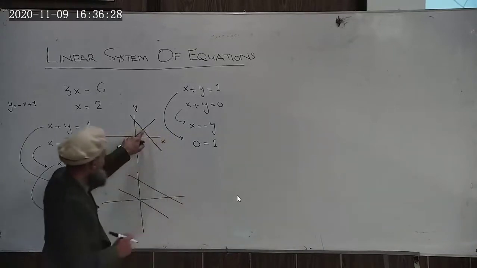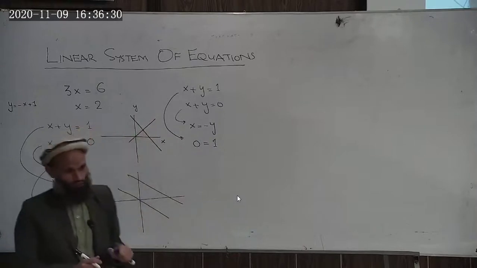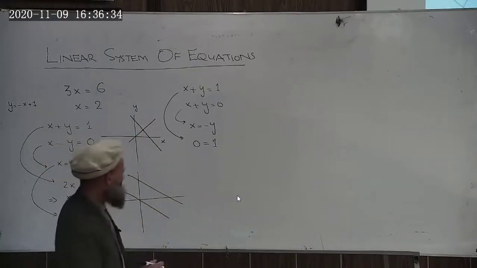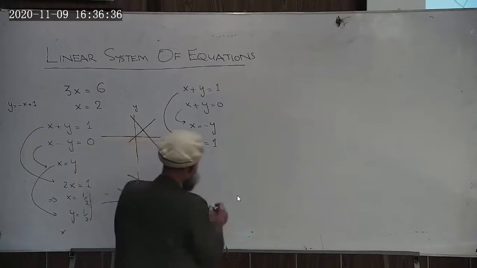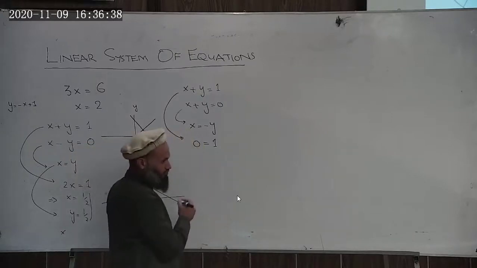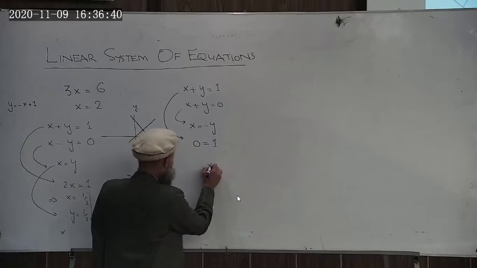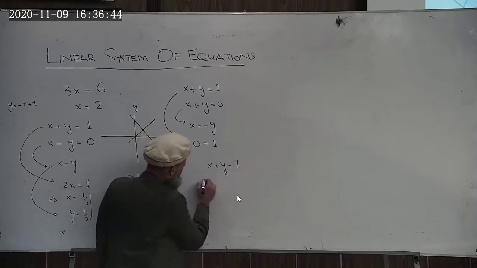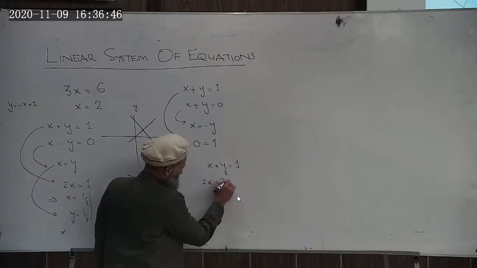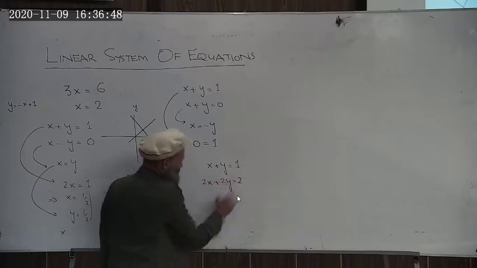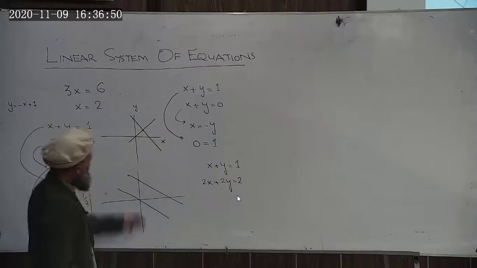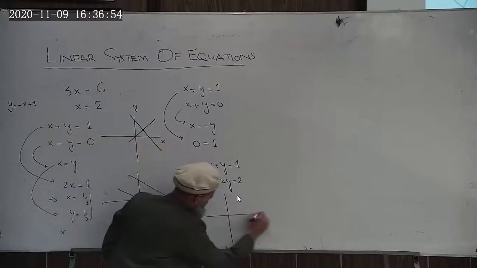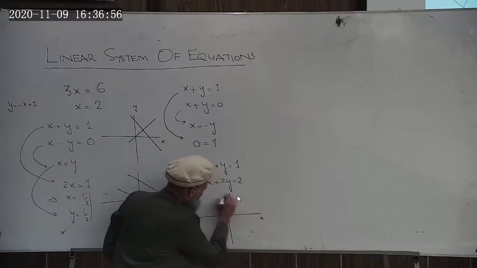Here there was only one point which satisfied both the equations, and that was our solution. There may be cases when multiple points satisfy both the equations. For example, if you have x plus y equal to 1 and 2x plus 2y equal to 2, the graph of these two equations, here is the x-axis, y-axis.